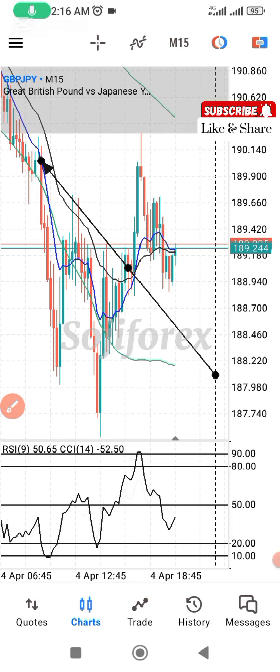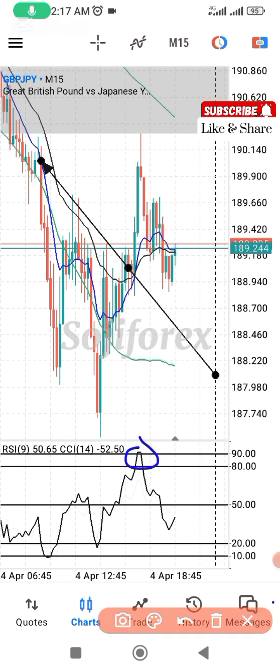But when you come to 15 minutes, this would have been a sniper entry, considering the candlestick formation that happens in that zone.